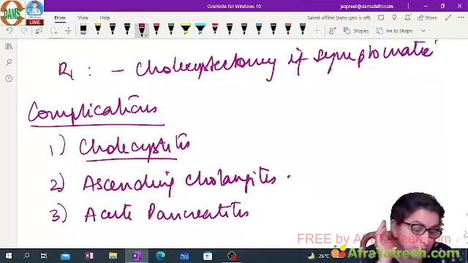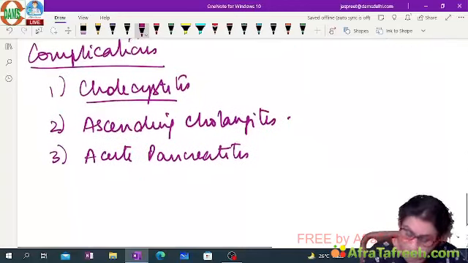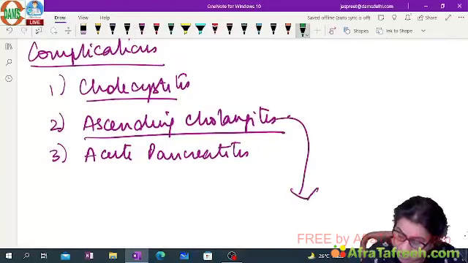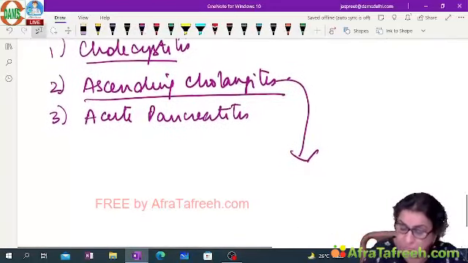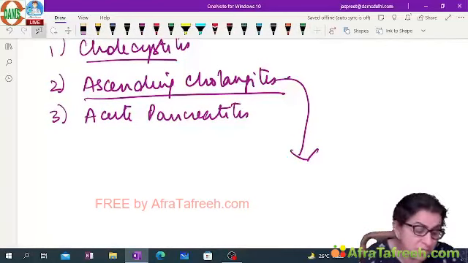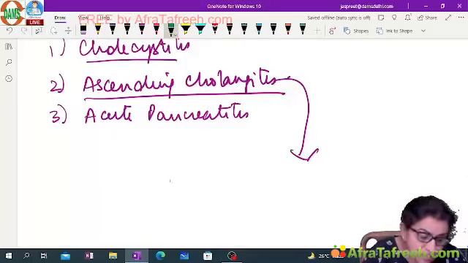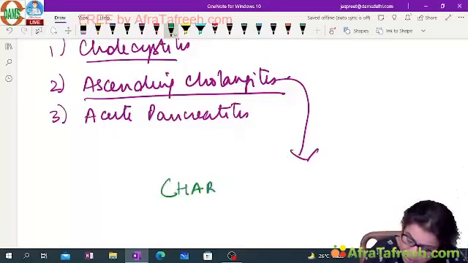So now if the patient develops ascending cholangitis, what is ascending cholangitis? The bile ducts are getting inflamed. The patient will present with Charcot triad.